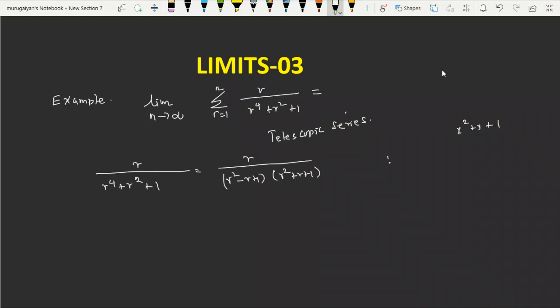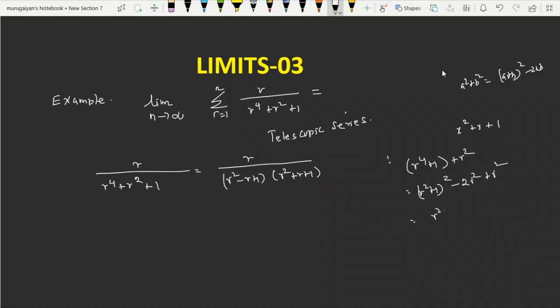Then how to factorize r power 4 plus 1? Separate plus r square, so make it into two groups. Remember student, a square plus b square equals a plus b the whole square minus 2ab. Applying this: r square plus 1 the whole square minus 2r square, already plus r square, correct?